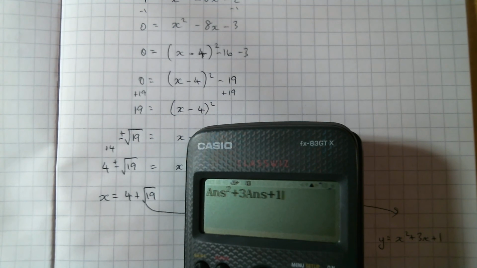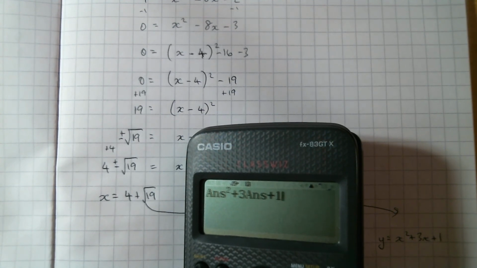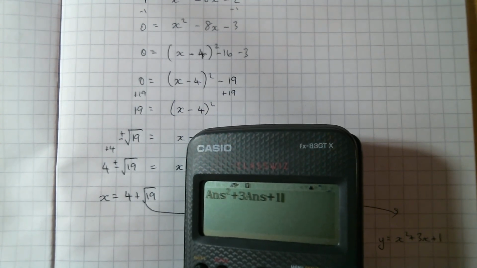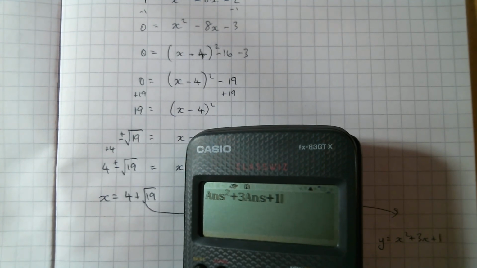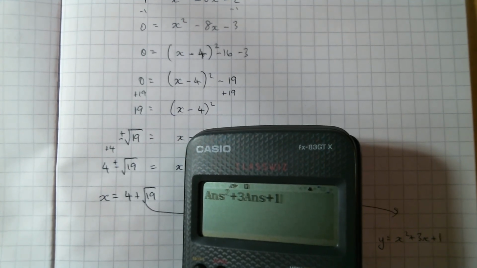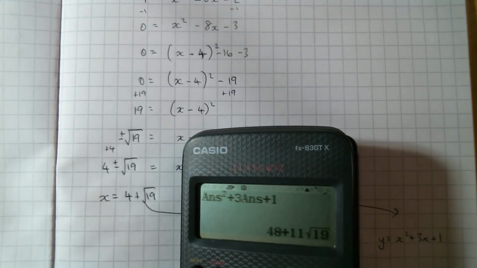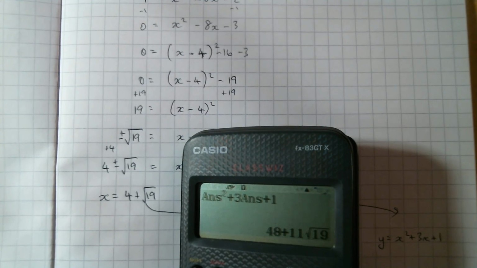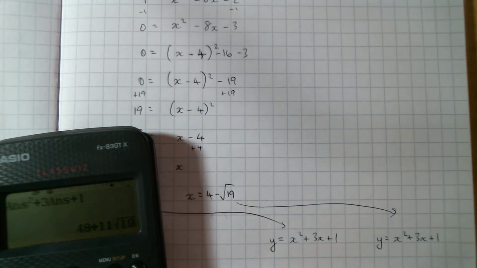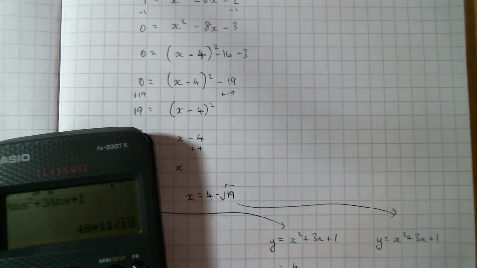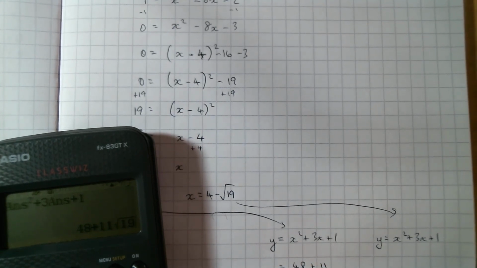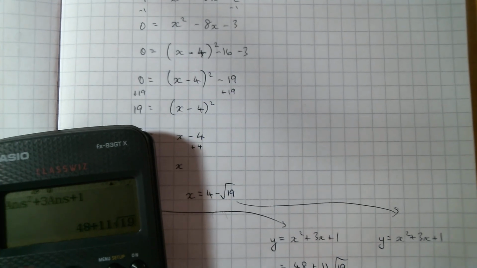Using the answer button brings up the short-term memory, so it's remembering the 4 plus root 19 as I type in that answer button. Even better than that, it's putting it into a bracket. It's looking after everything that needs to be looked after, so I can be confident in this. 48 plus 11 root 19.